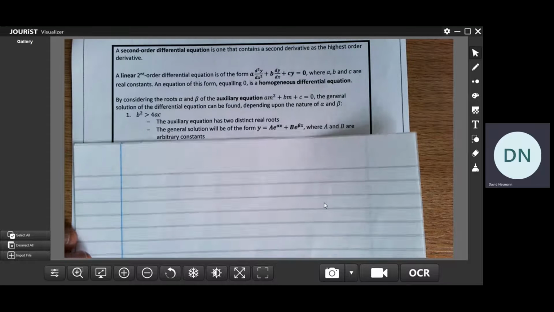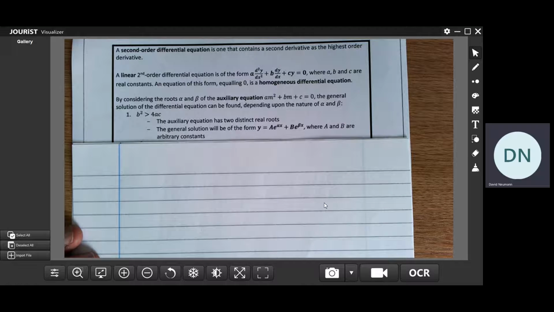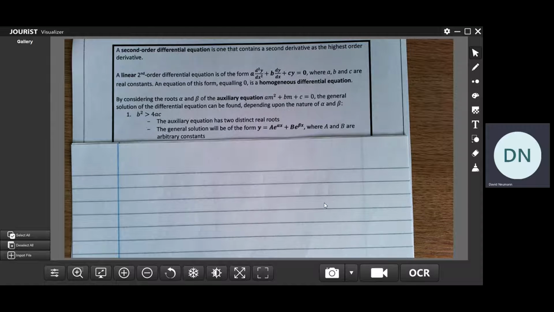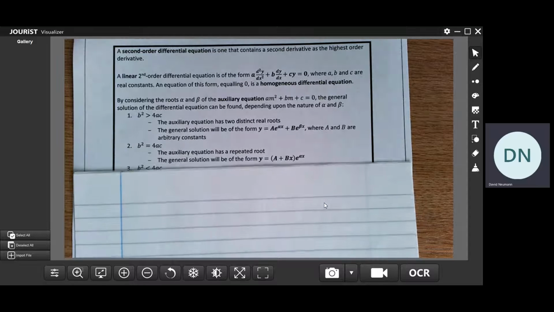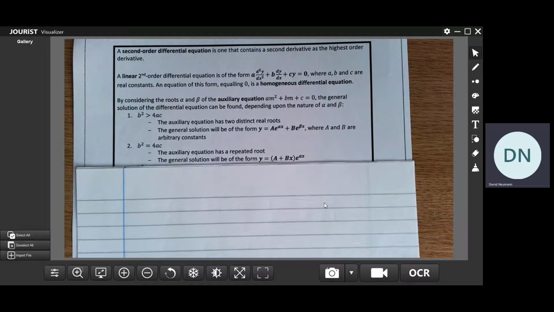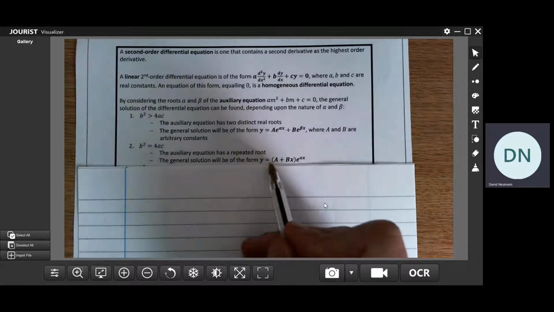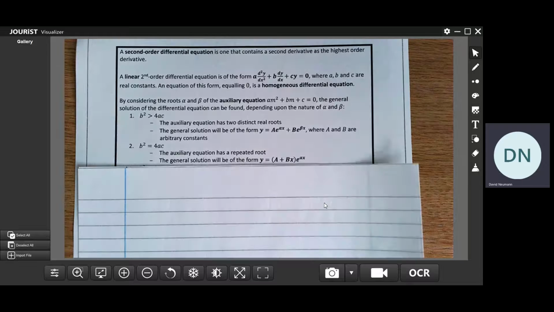So that's if the auxiliary equation has a discriminant which is positive, b squared minus 4ac is greater than 0. If b squared minus 4ac is equal to 0, we've got a single root, alpha, and we get a general solution that looks like this: y equals a plus bx times e to the alpha x.